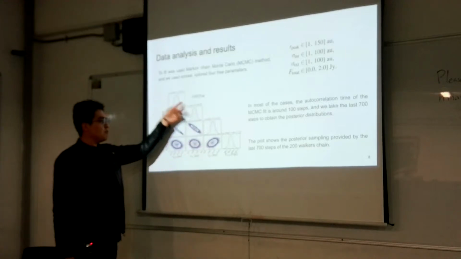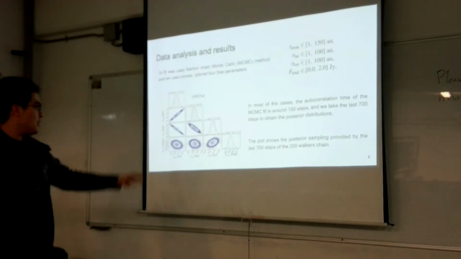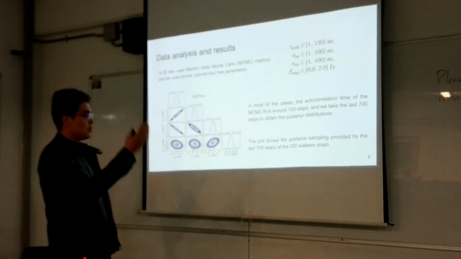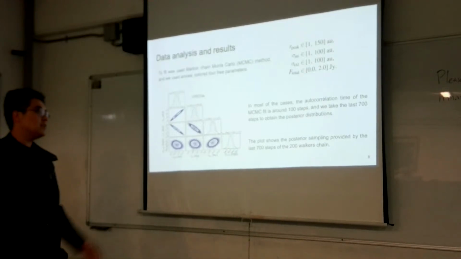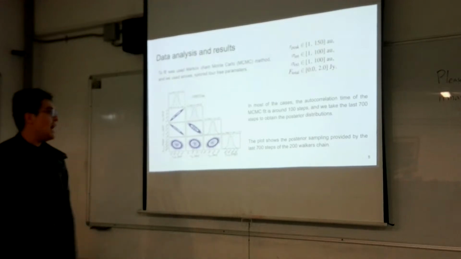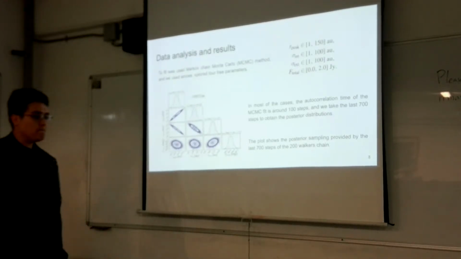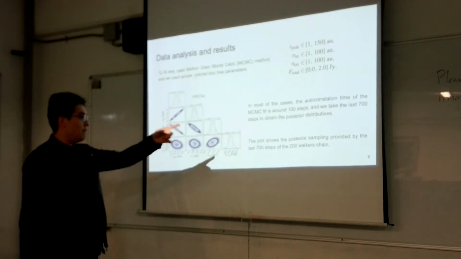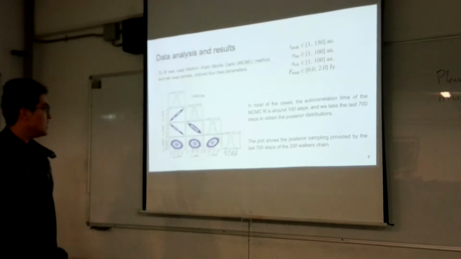With these distributions, they get the optimum parameters for this method. They took autocorrelations around 100 steps in the MCMC, but to determine these parameters well, they also obtained 700 steps of this MCMC.